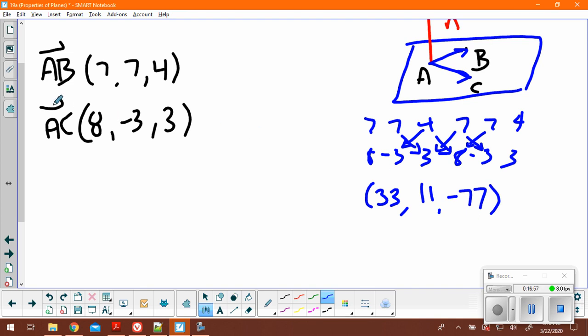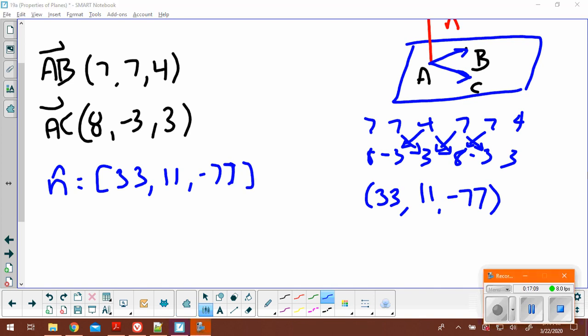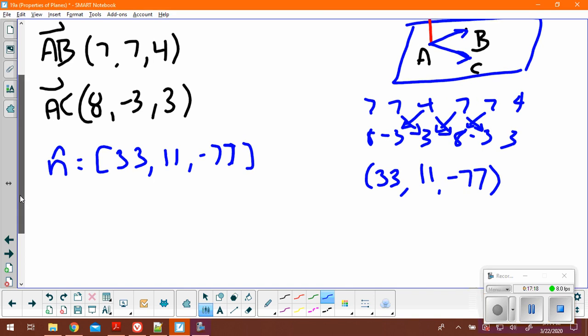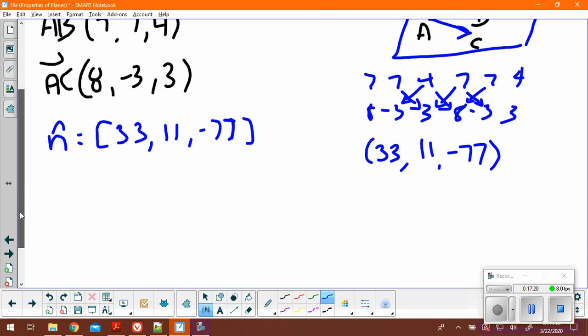So my normal vector, by doing the cross product of these two vectors, is 33, 11, and -77. Now I have enough information to basically proceed like we did in example 1. I can fill in my normal, and then fill in a point and get my equation.